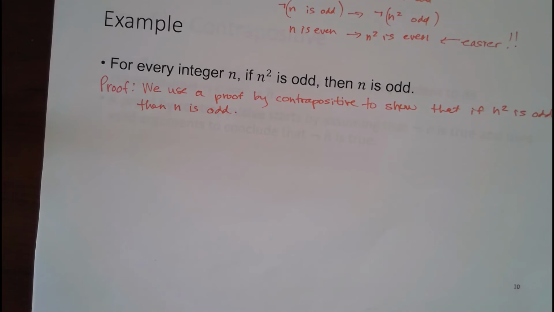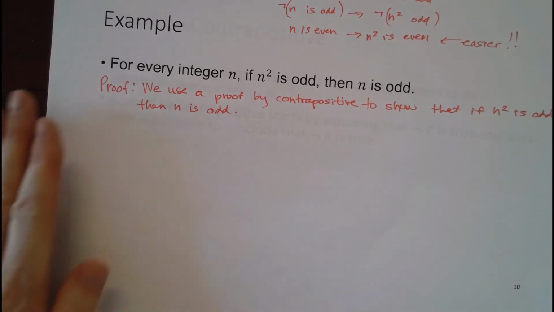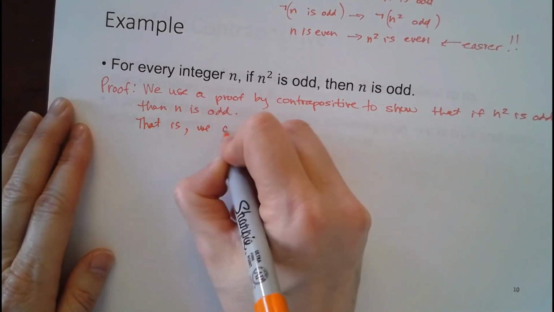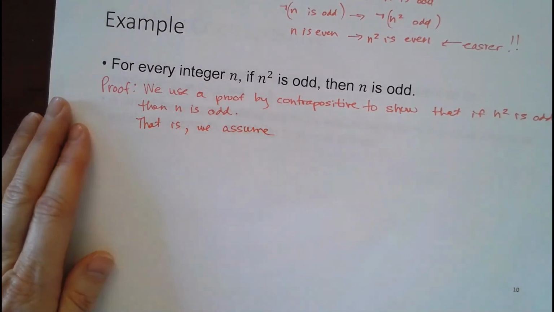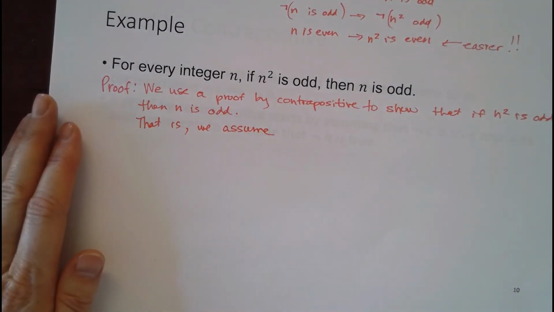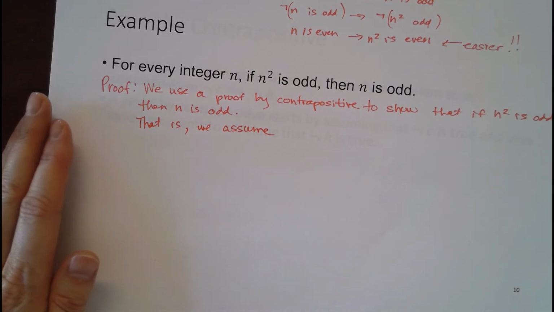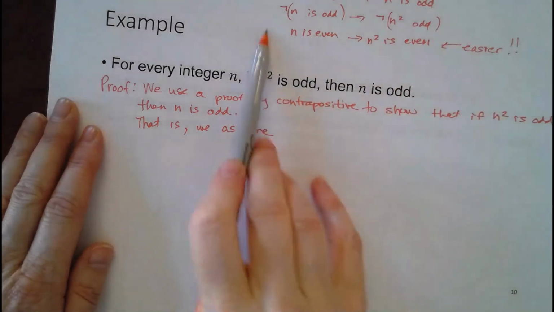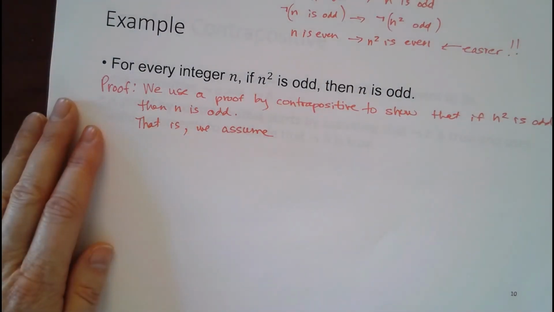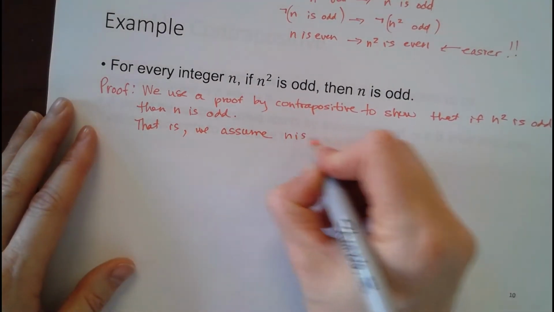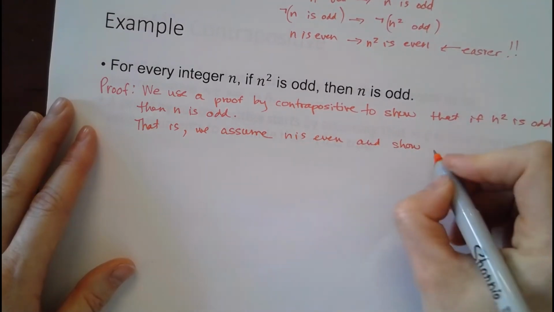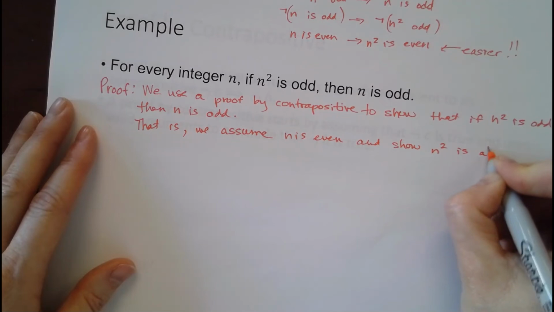It might even be a good idea now to say, okay, thinking about the contrapositive, we're going to prove the negation of the conclusion of the original statement. So we even wrote it down here so we could remember. We assume n is even and show n squared is also even.